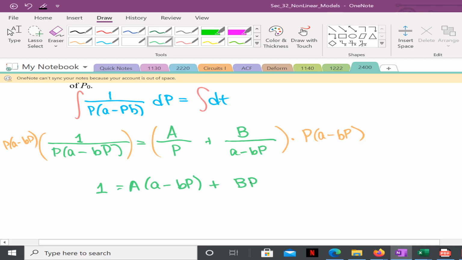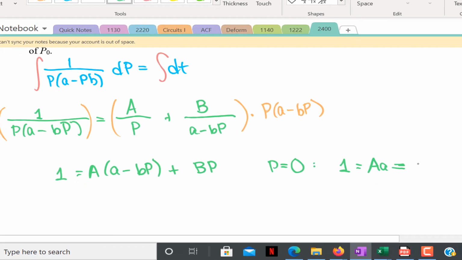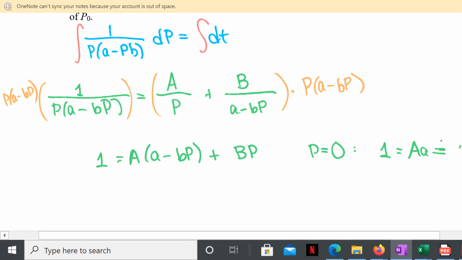And then I'm free to plug in any value of capital P that I want. It's best to plug in values that make those denominators equal to 0. The first denominator is 0 just when P is 0. So I would get 1 equals capital A times little a. So capital A equals 1 over little a.